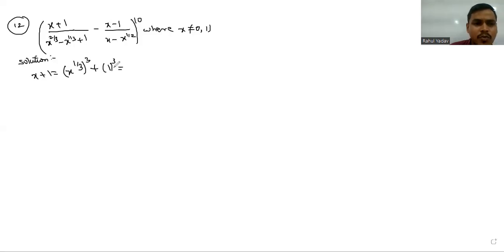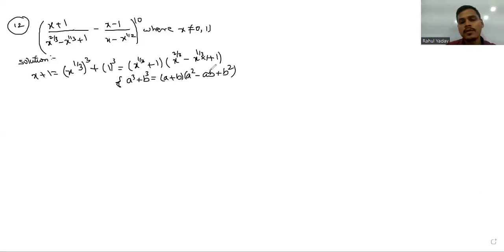And you all know the a cube plus b cube formula, that is (a + b)(a^2 - ab + b^2). So we get (x^(1/3) + 1)(x^(2/3) - x^(1/3) + 1). What I did here is just use the a^3 + b^3 formula.